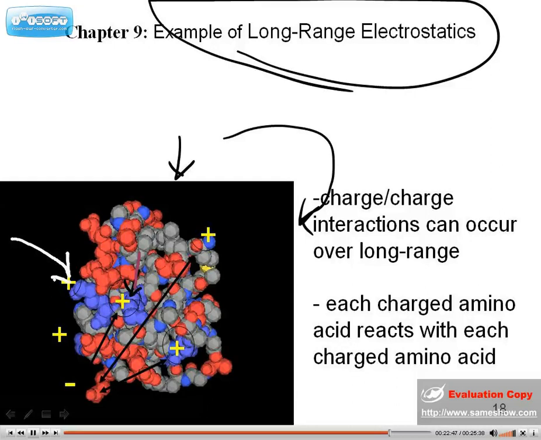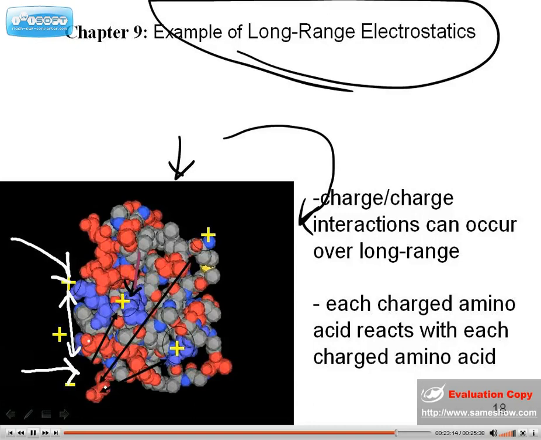So the positive, think of those as lysines. The negative, think of those as aspartic acids, which lost their hydrogens. So we have our positive lysines, and our negative aspartic acids. Consequently, from long distances, you will have opposite charge attraction.